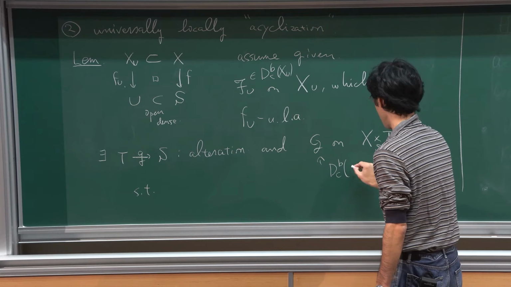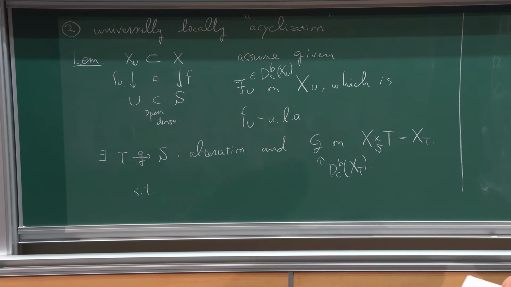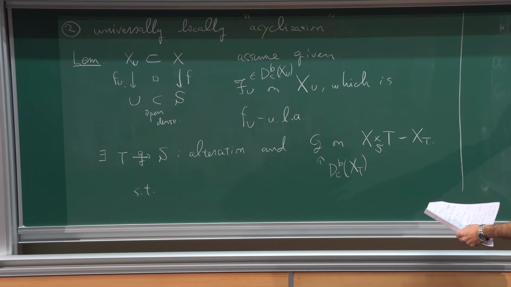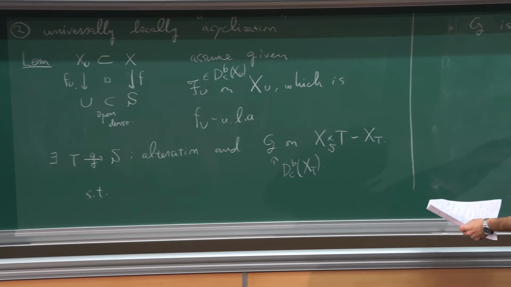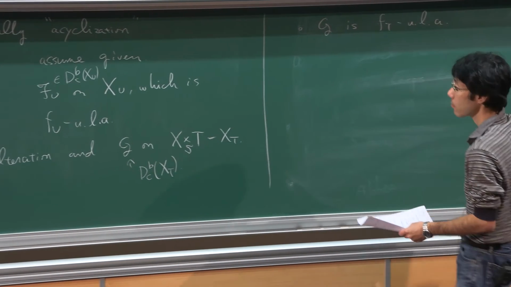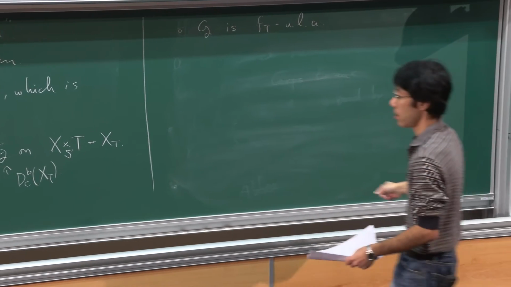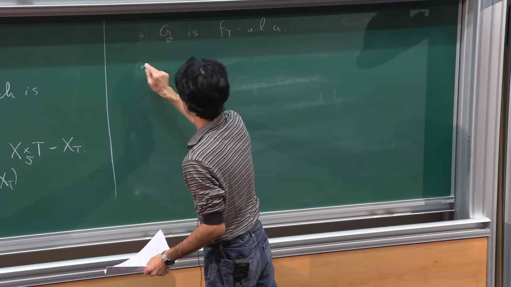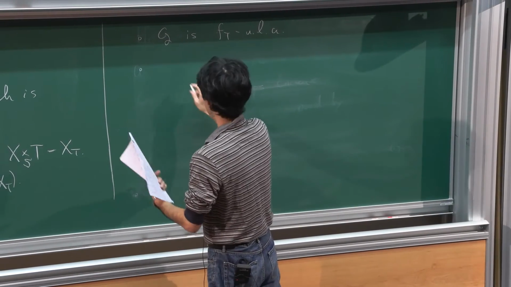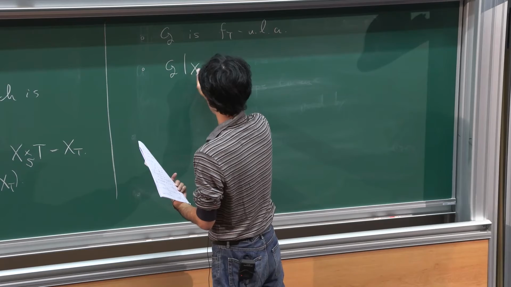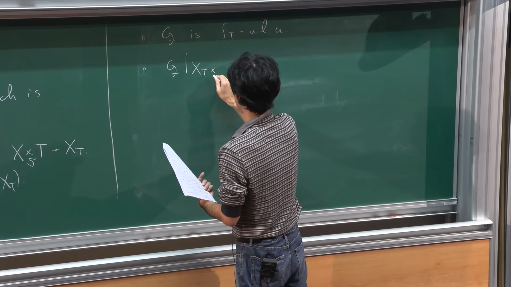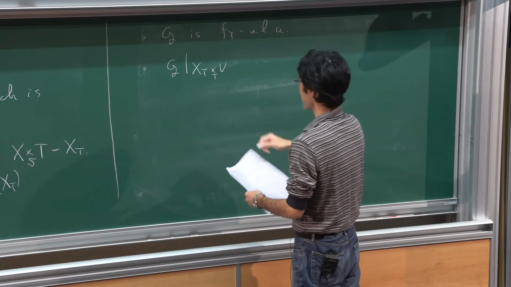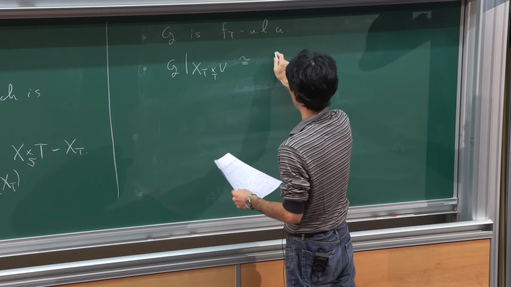So it's really essential to work in the derived category, such that, first of all, G is F_T universally locally acyclic, and it's an extension of F_U. So if I restrict G to X_T cross T_U, then this is nothing but G_U.